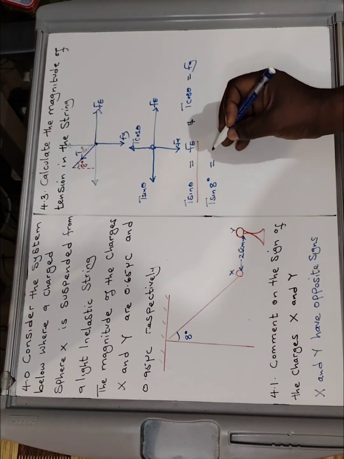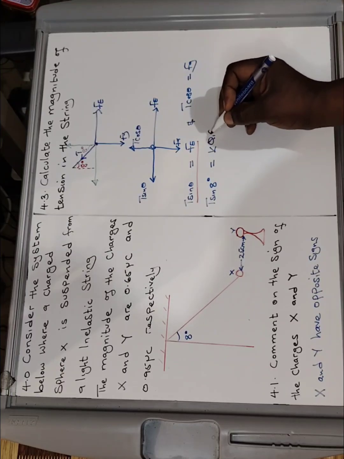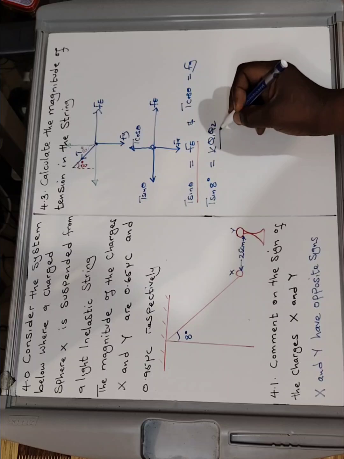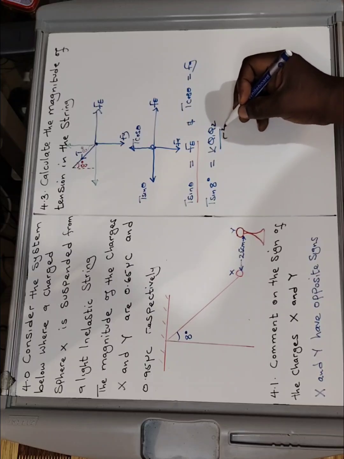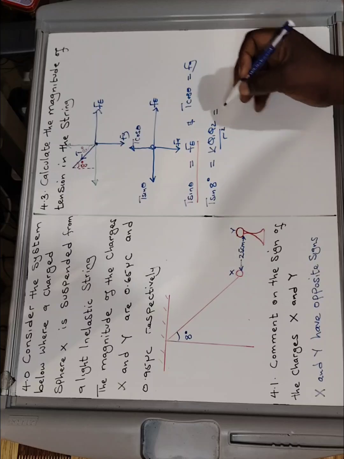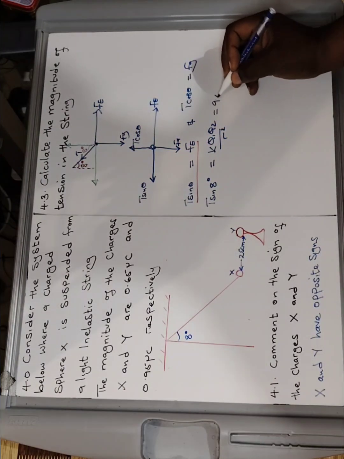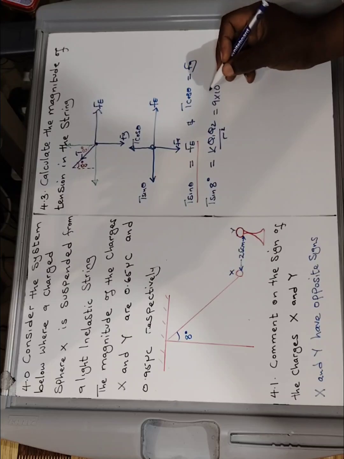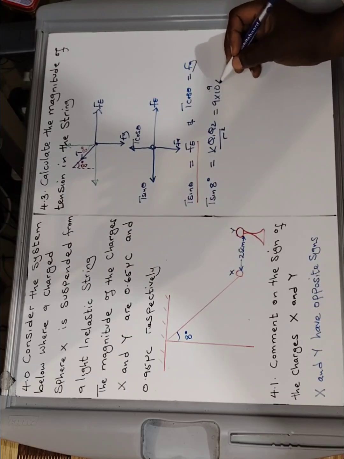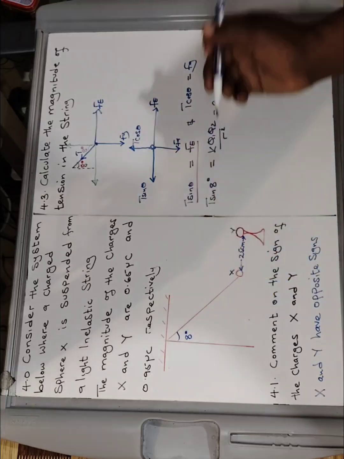The electrostatic force is equal to K Q1 Q2 over R squared. We know our K: K is 9 times 10 to the power 9. And our Q1 we have here.